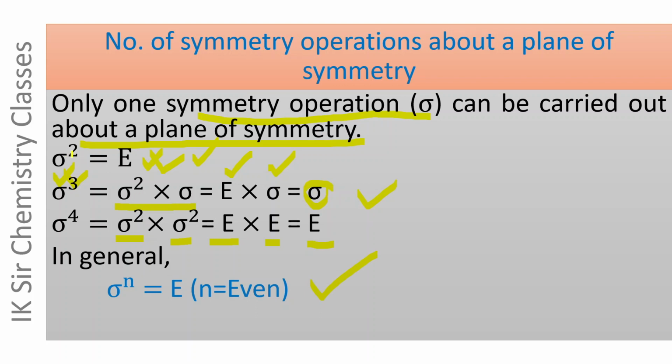Sigma to the power 2 is equal to E, sigma to the power 4 is equal to E. It means if n is even, the result will be identity operation. On the other hand, sigma to the power n will be equal to sigma if n is odd. Thus, only one symmetry operation, sigma, can be carried out on a molecule about a plane of symmetry.